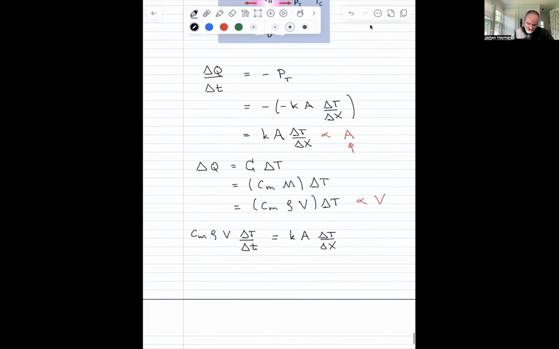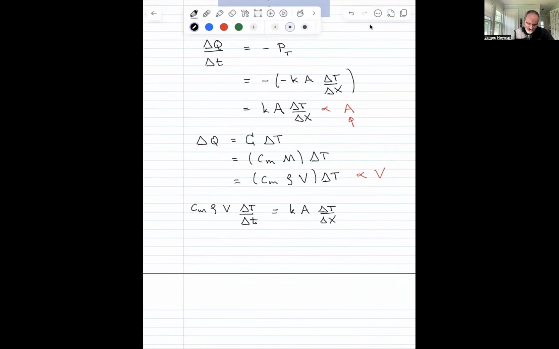This looks complicated, but we only really are trying to find the scaling law. So it's actually pretty simple. Here's the idea. Let's solve for the rate of change of the temperature. So this is the cooling rate, if you like. How fast does the temperature change with time?